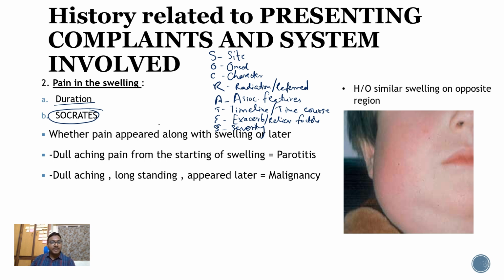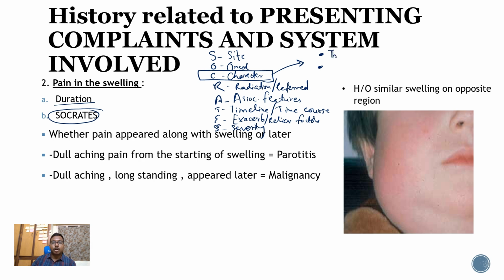Now, what is the importance of each thing in parotid swelling? So please understand, site and onset are the same for any other swelling. One important thing we need to understand regarding character is whenever you have a throbbing type of pain.